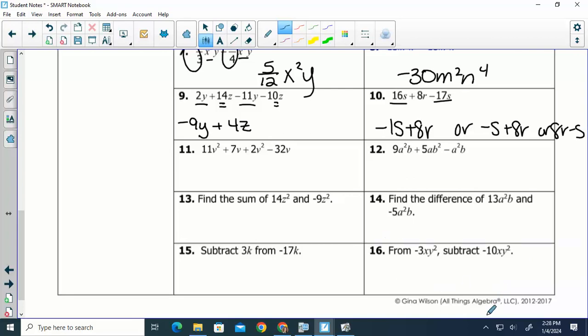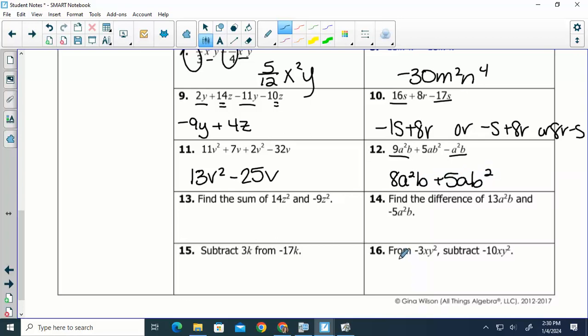All right, you guys do 11 and 12. 11. 13v squared. Negative 25. Number 12. Do we have any like terms? Yeah. 9a squared b and minus a squared b. Be 8a squared b. Perfect.